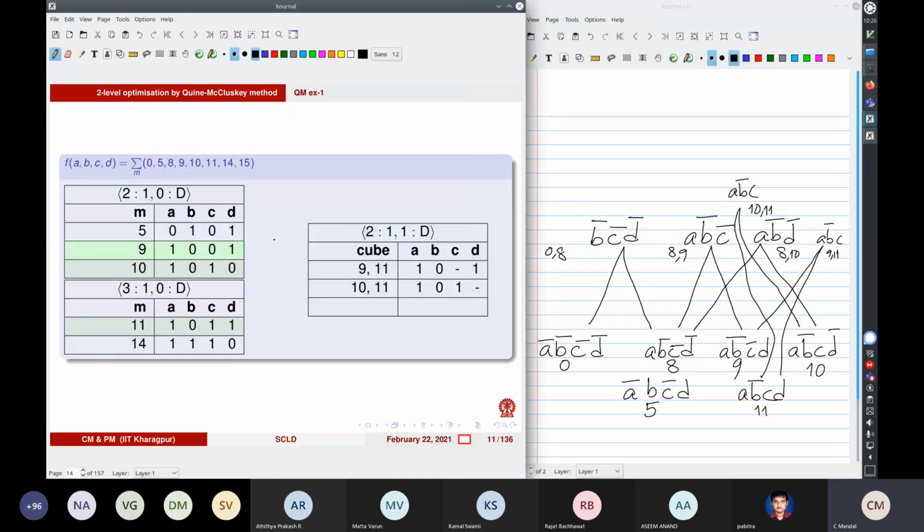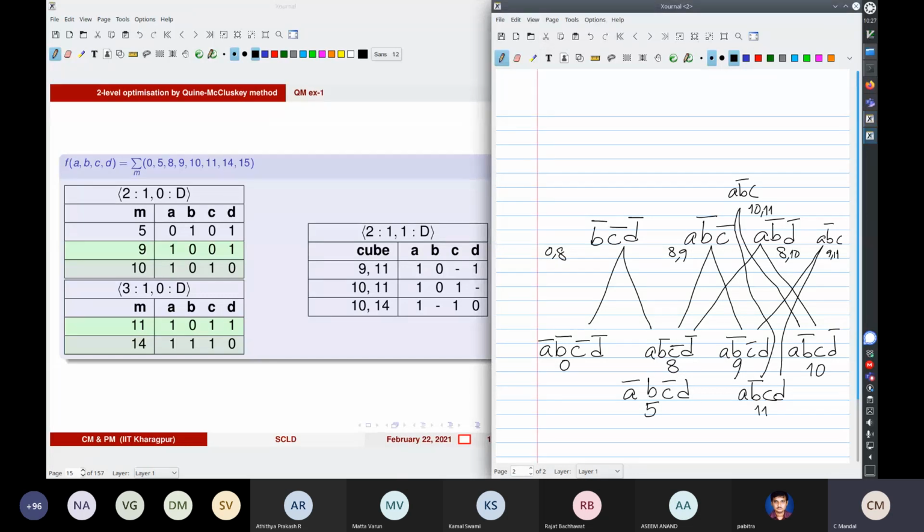And you can also combine 10 and 14. So we have to write down 14 somewhere. Let's write down 14 here.